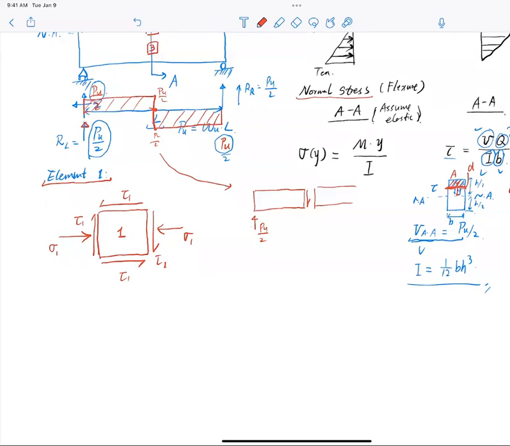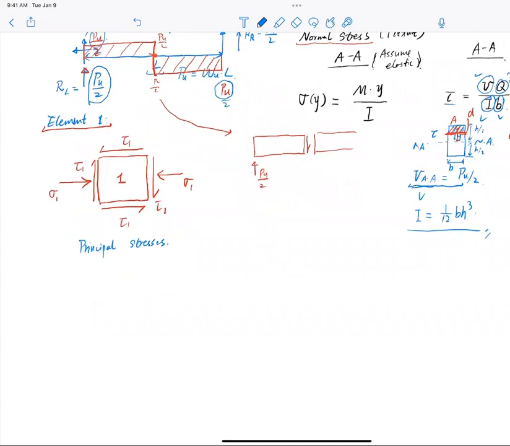Anyone can help me? So what do we need to do? Well, again, a little bit of mechanics of materials. We need the principal stresses. What do you mean by principal stresses? It means that I want to find out the combined stress state.